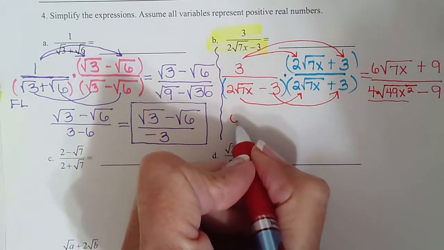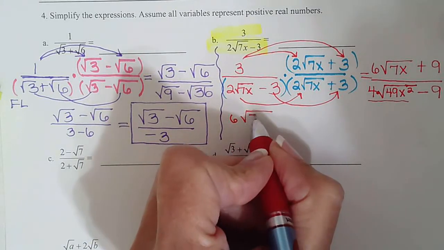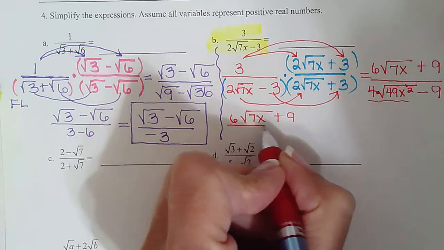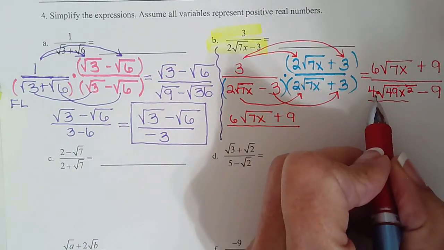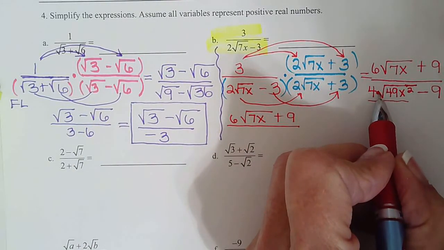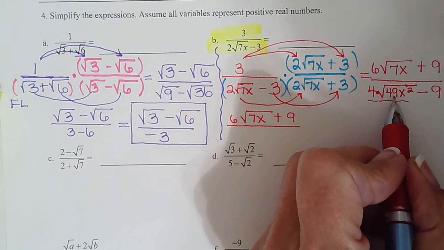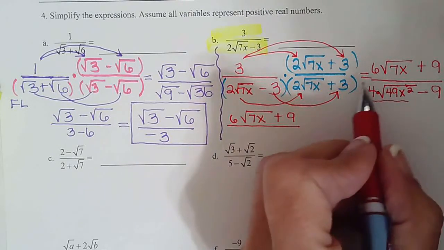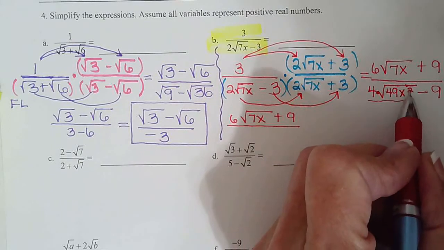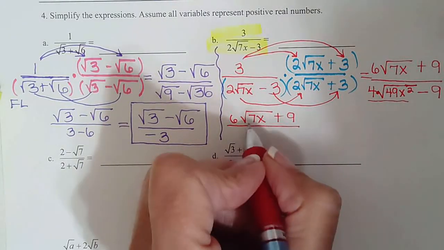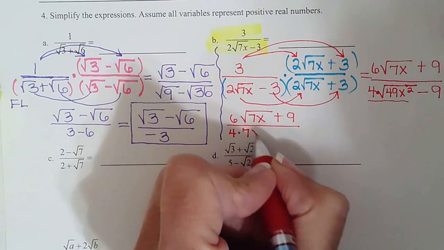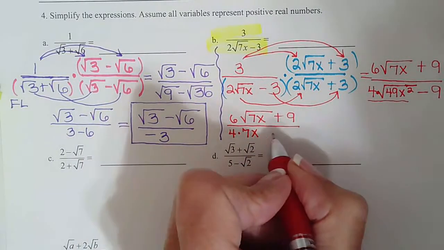So the numerator is going to stay the same since it's already done. And the denominator is going to turn into 4 times the square root of 49, which is 7. Square root of x squared is x. So 2 7s come out as a single 7, 2 x's come out as a single x. So that'd be 4 times 7x and then minus 9.